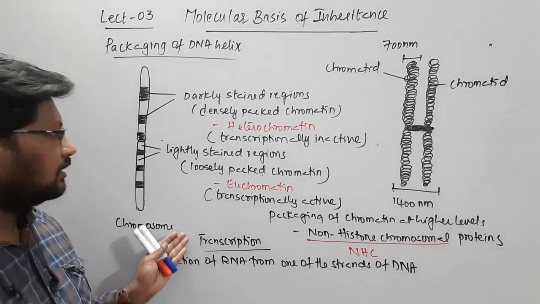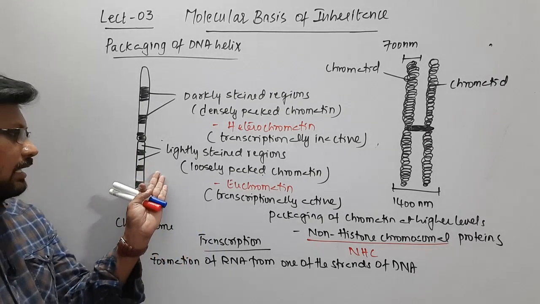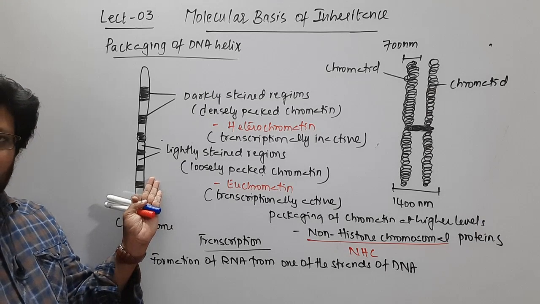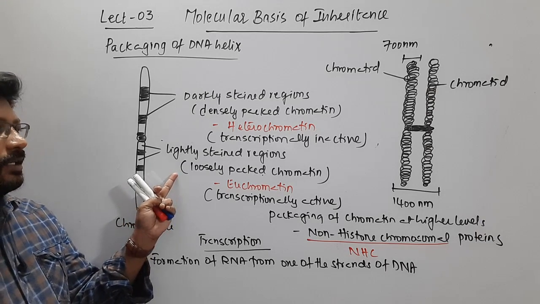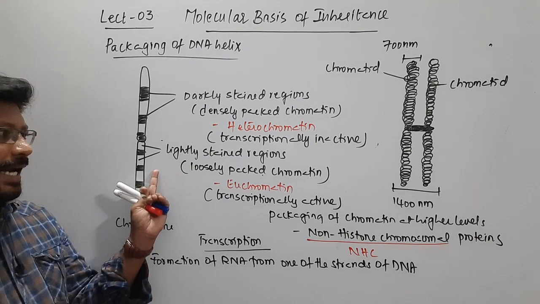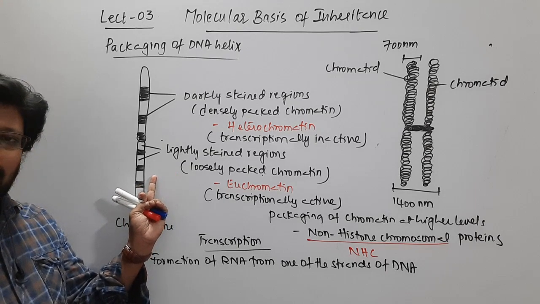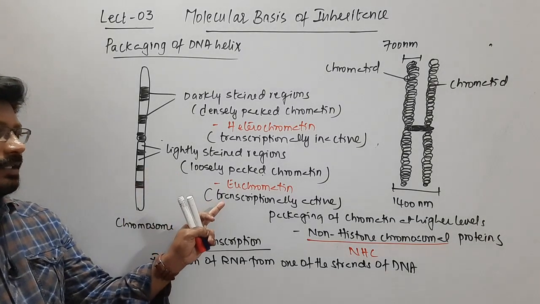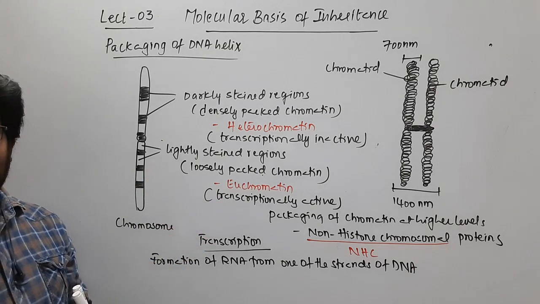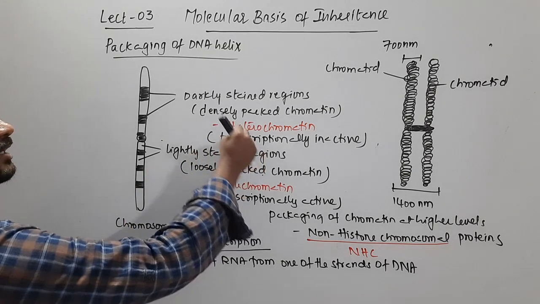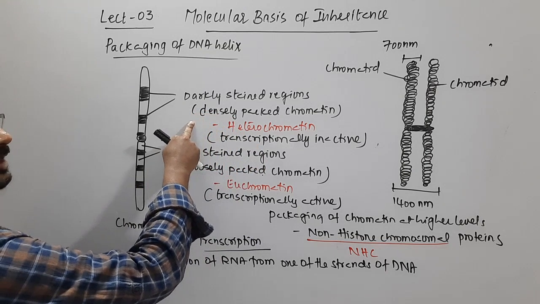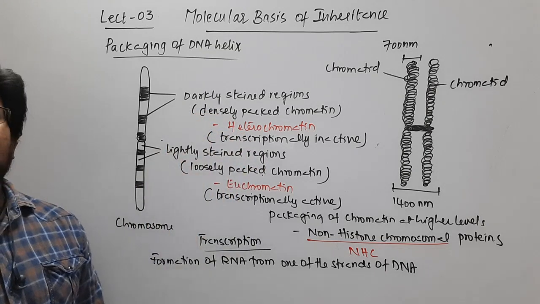So that is the reason why some regions of a chromosome, as they are lightly stained, the chromatin is not tightly packed, and the transcription is taking place actively. And in these regions, that is in heterochromatic regions, transcription is not at all taking place.